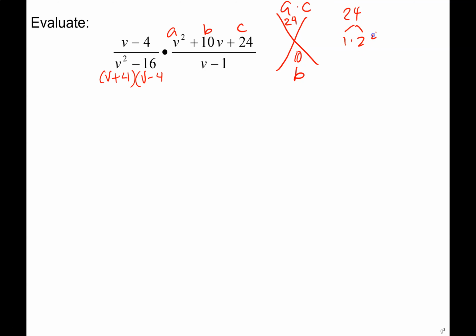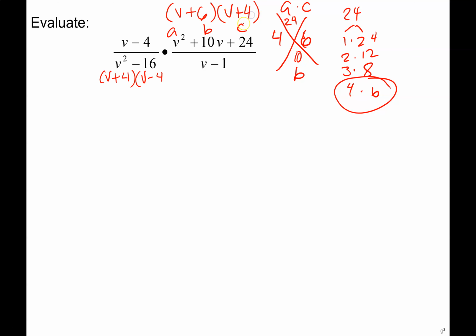I know 1 and 24, 2 and 12, 3 and 8, and then 4 and 6. Okay, which of those pairs will add up to the 10? There they go. And they're both going to be positive. There we go. So factored form should look like this. V plus 6 times v plus 4.